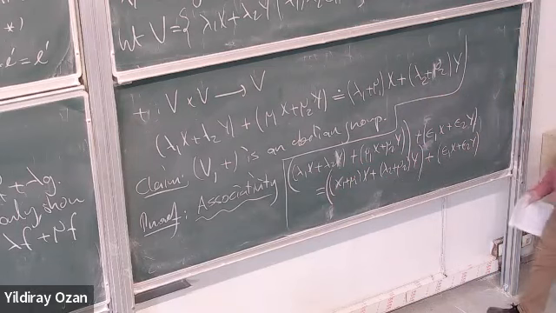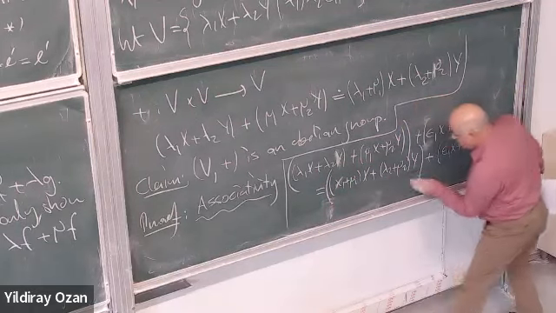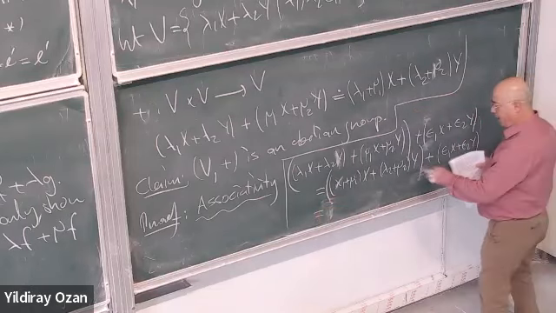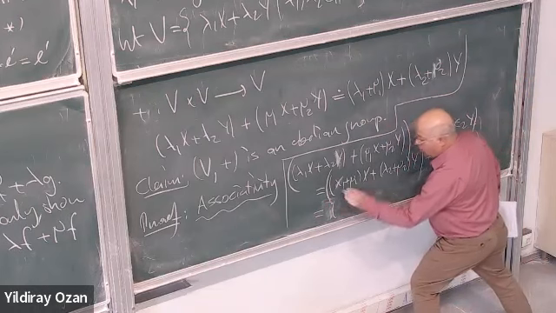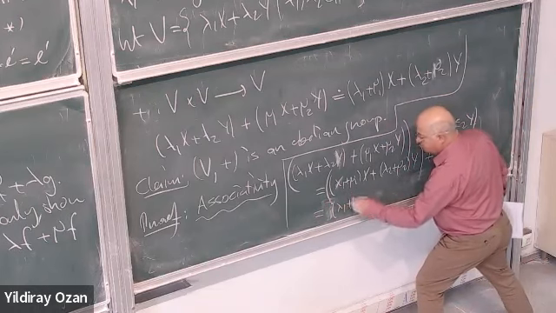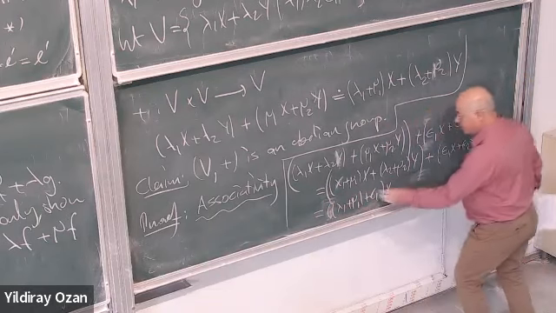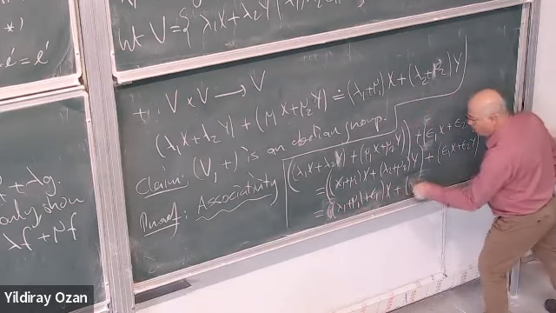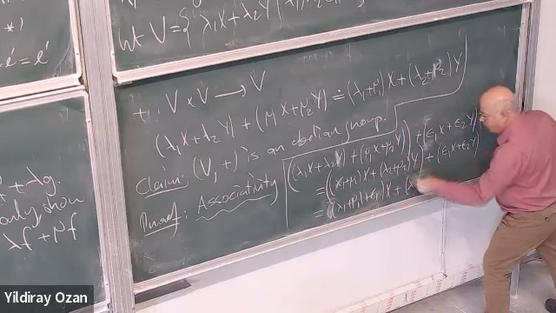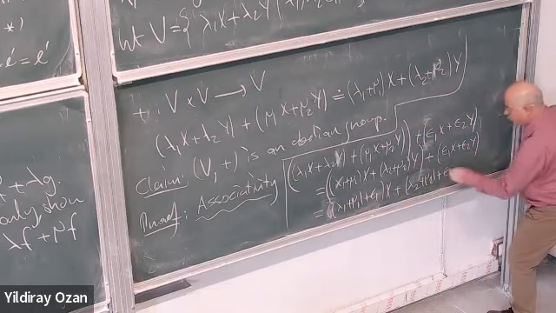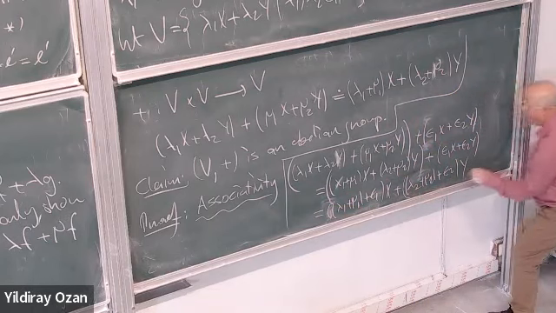We need to add them up. How do we add them up? We just add the coefficients. So lambda 1 plus mu 1 plus epsilon 1 times x, plus the coefficient of y here, lambda 2 plus mu 2 plus epsilon 2 times y.